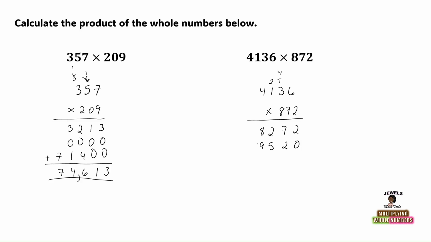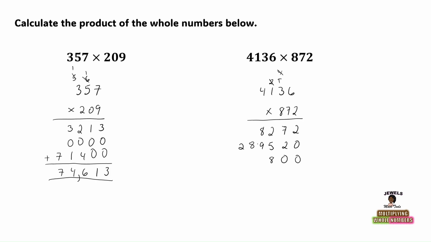7 times 4 is equal to 28, and since 4 is my last digit, the entire 28 will be written in. Crossing off my numbers and begin multiplying by my 8. I need to add in my 0 for the ones, my 0 for the tens, and then begin multiplying by my 8. So 8 times 6 is 48.